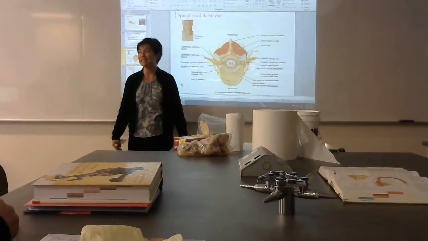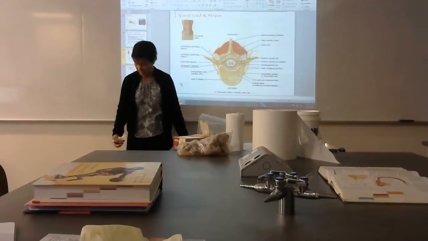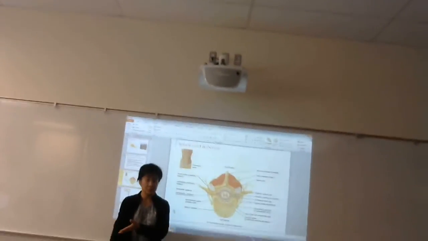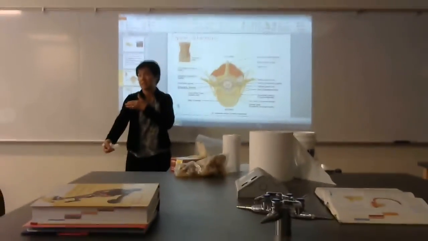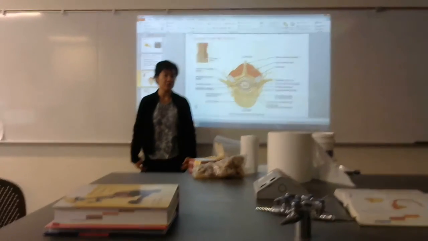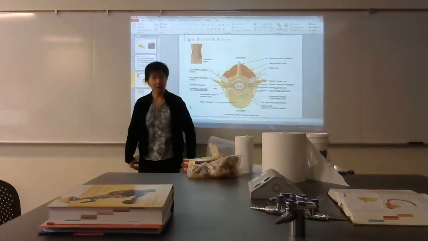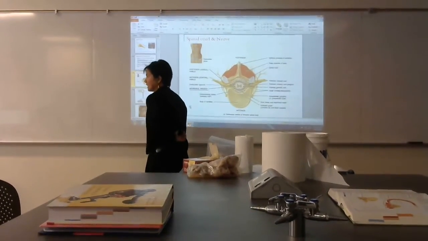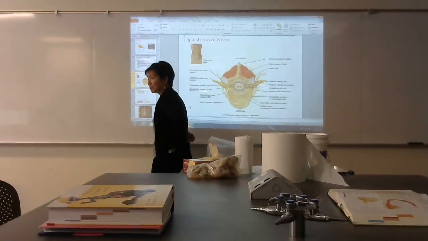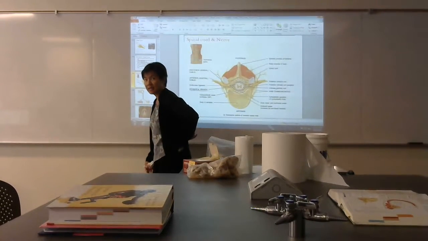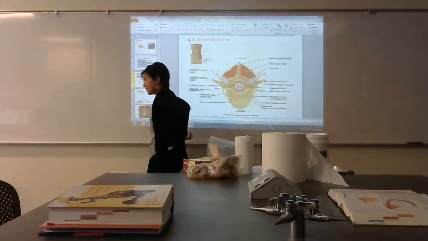So what's an example of ventral ramus? My axillary nerve, radial, that's a ventral ramus. Sciatic, ventral ramus. You understand? How about the nerve here that innervates my latissimus? Dorsal ramus. Okay? My receptors here that detect itchiness in the back are a dorsal ramus.